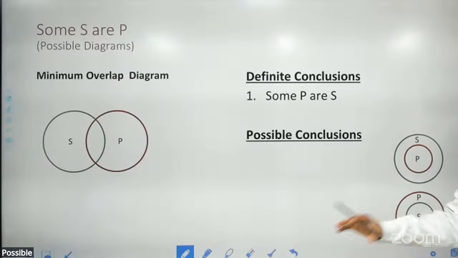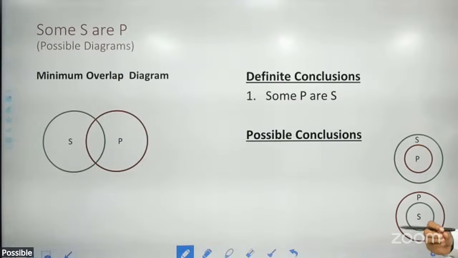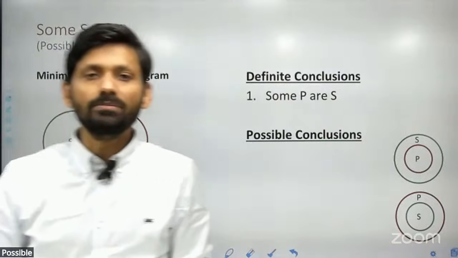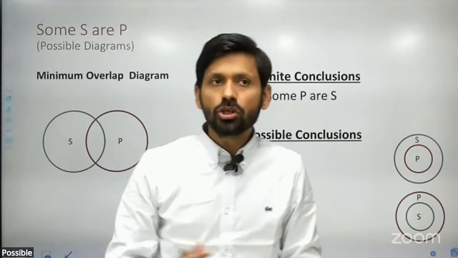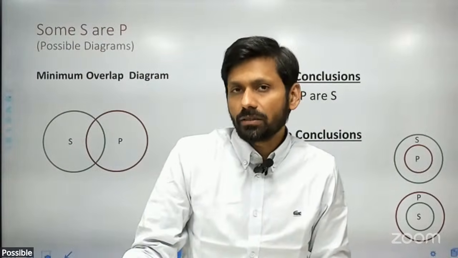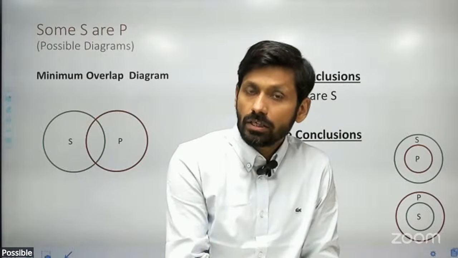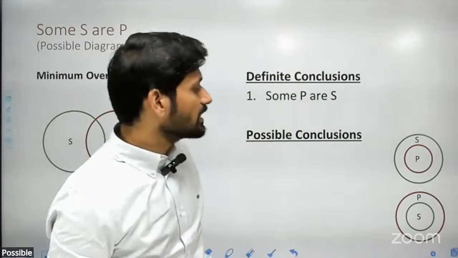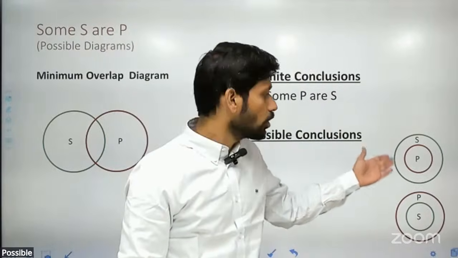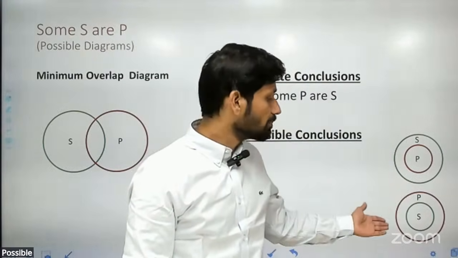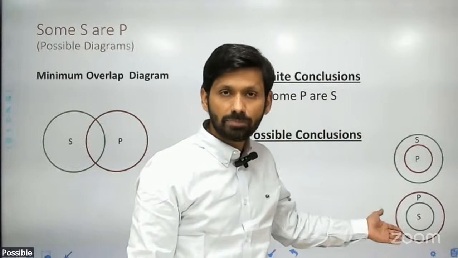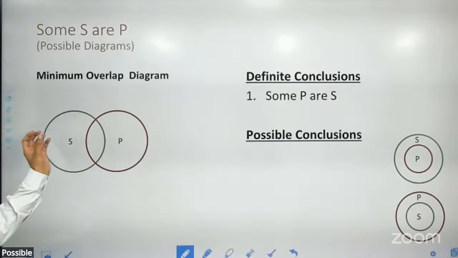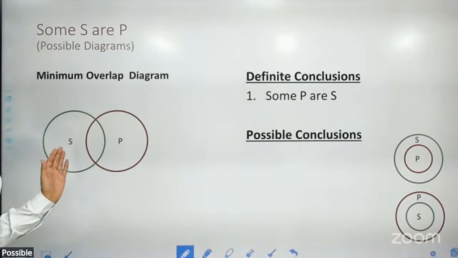In all of the three diagrams, we understand some part of S is in P. So when we are given some SRP, we are not sure how much of S is in P. It could be just 1, it could be 100, or it could be anything in between, right? So some SRP can be drawn like this, wherein all PRS. Some SRP can be drawn like this, wherein all SRP. And some SRP could also be drawn like this, where only some portion of S and P overlaps.